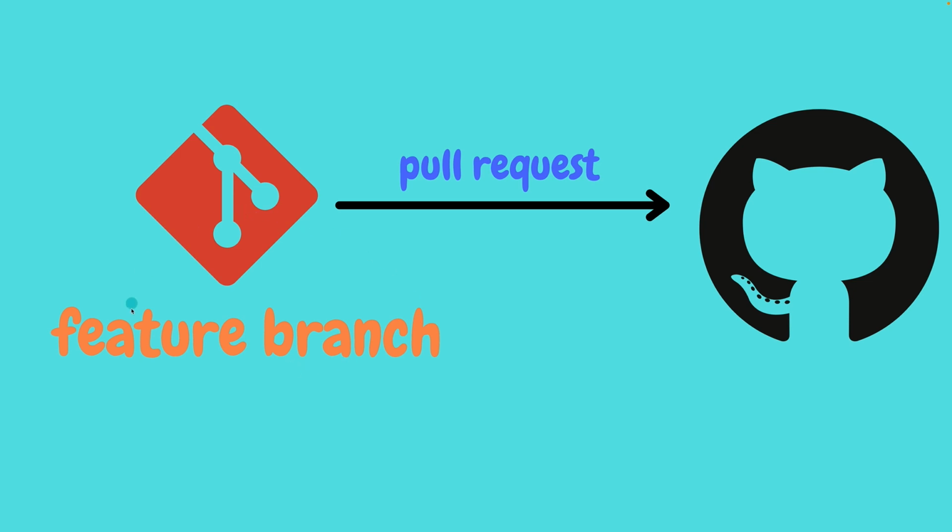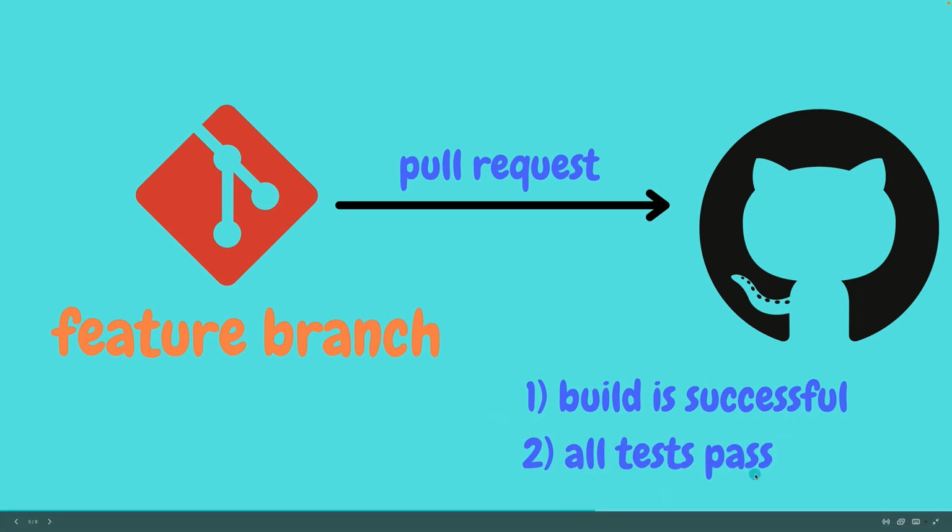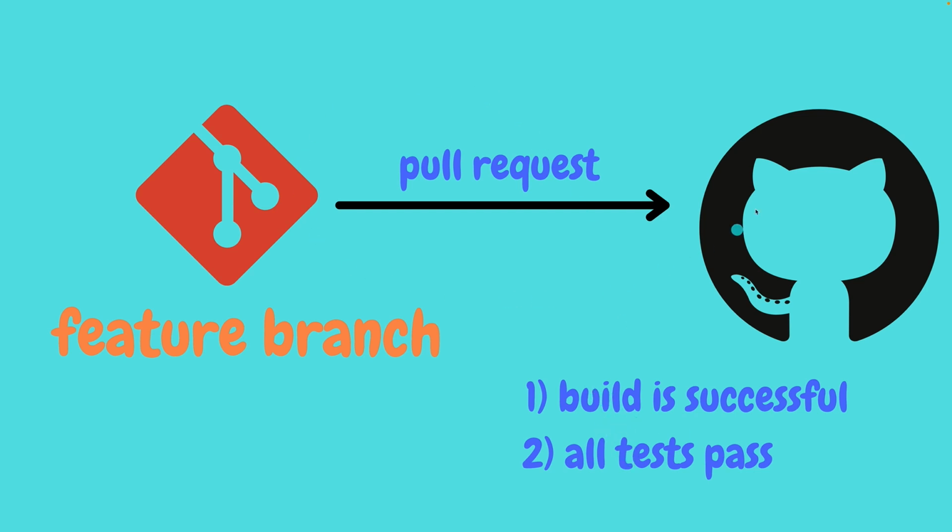So for each pull request, I want to ensure that the build is successful and all of our tests are passing. So I want to do these two jobs every single time I create a pull request.